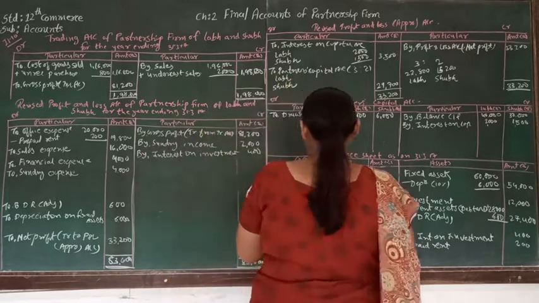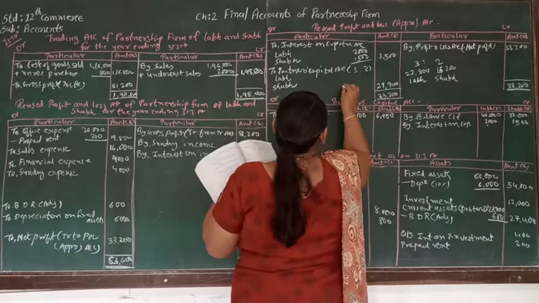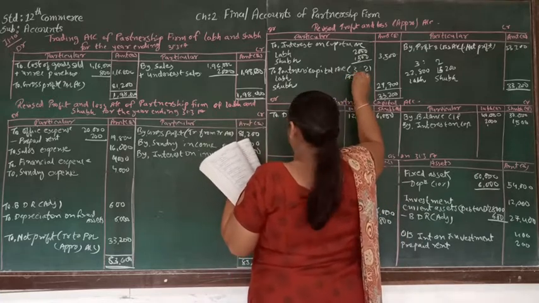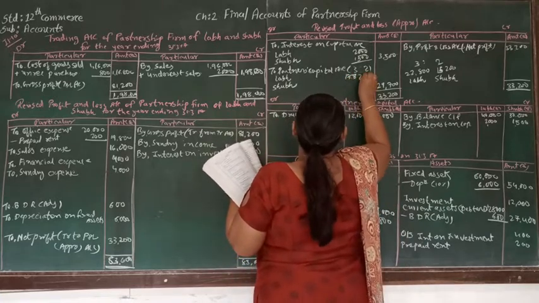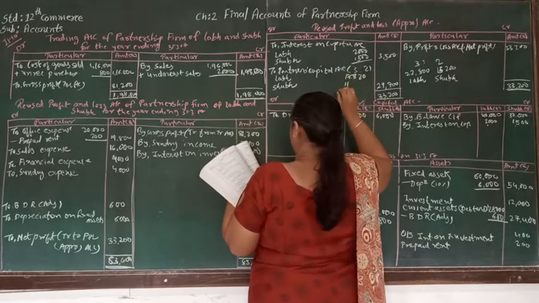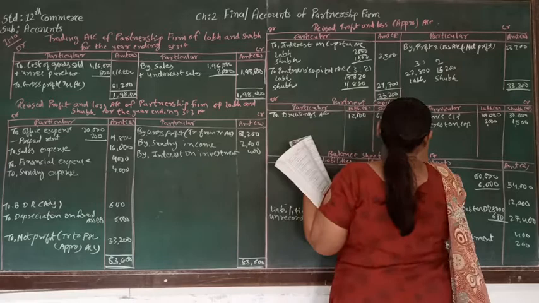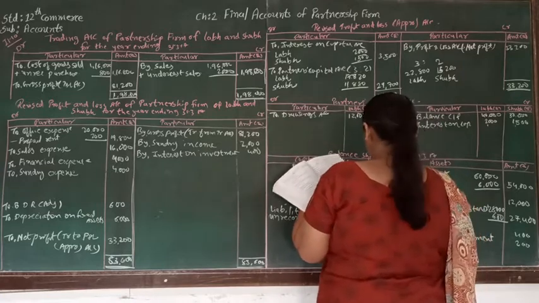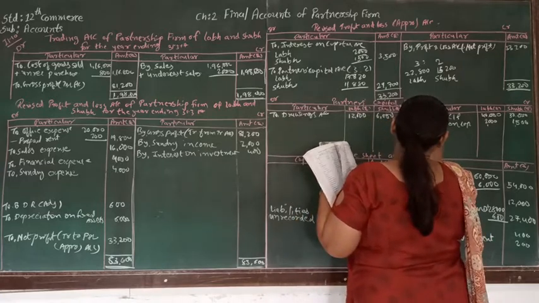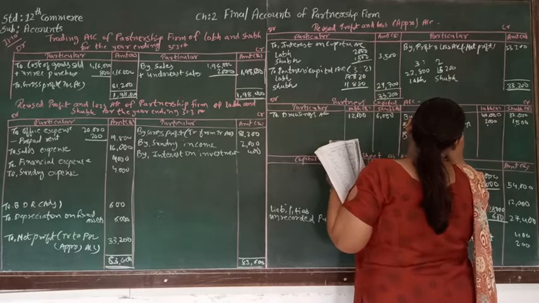In the ratio of 3:2, that will be 17,820 and 11,880.